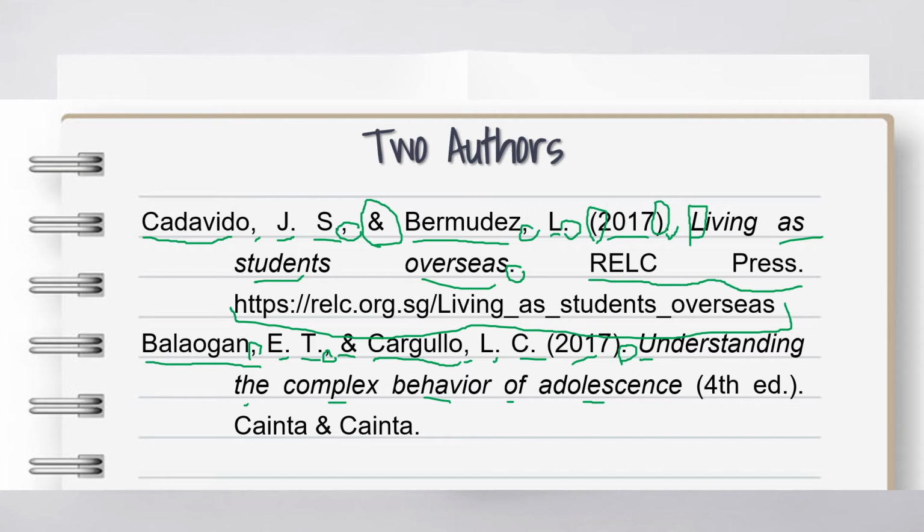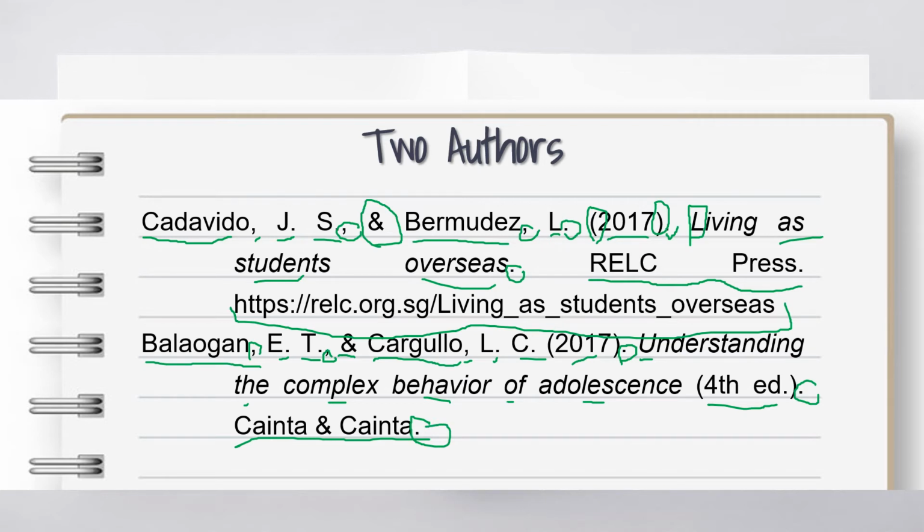So this time, we're not going to put a period here yet because we have the edition. So we have fourth edition inside the parentheses, and then mark it with a period, and then lastly we have the name of the publishing company, which is Kainta and Kainta, and then end it with the last period.